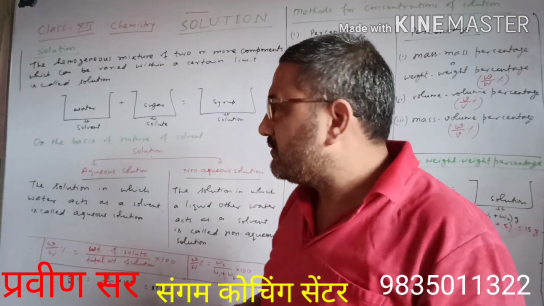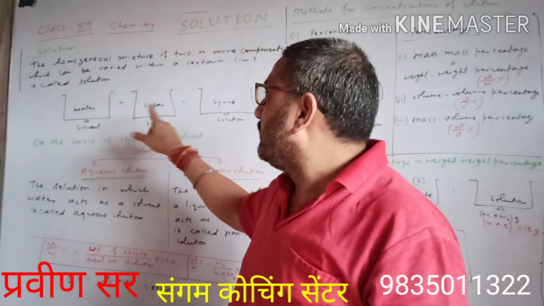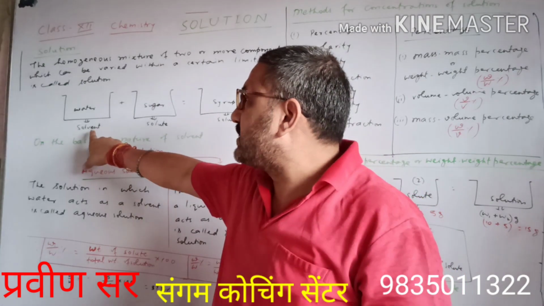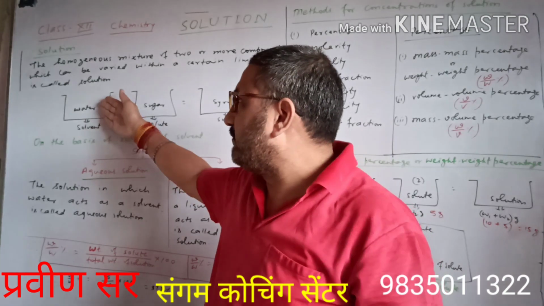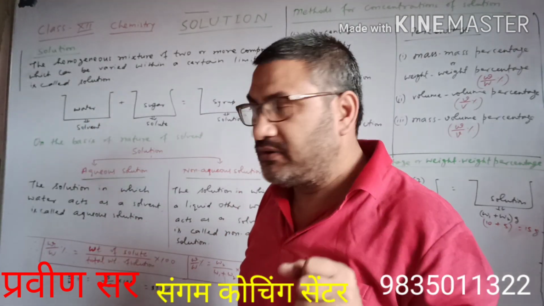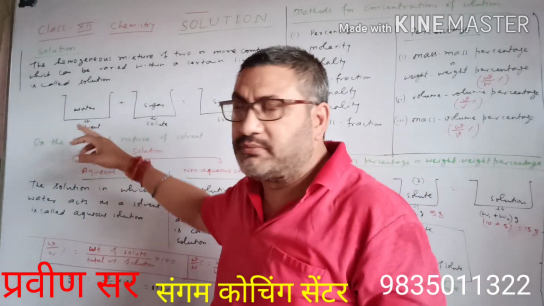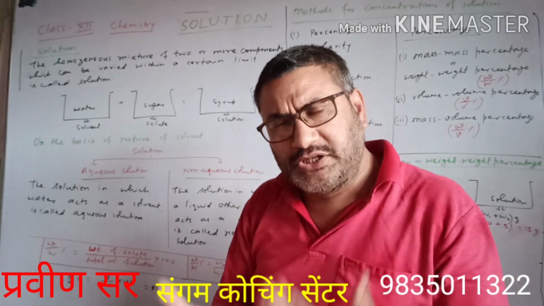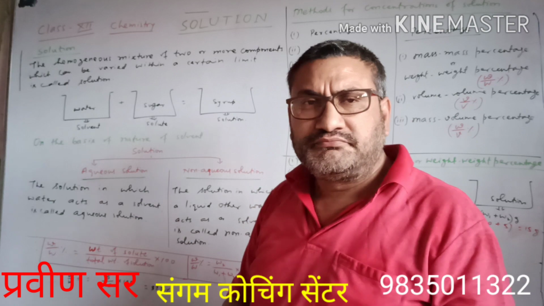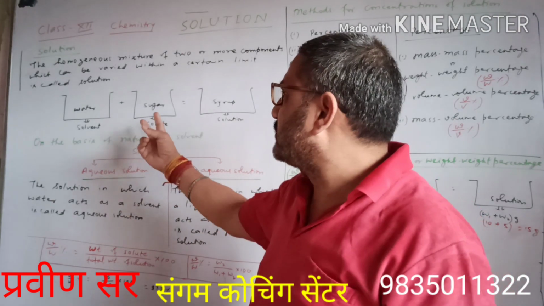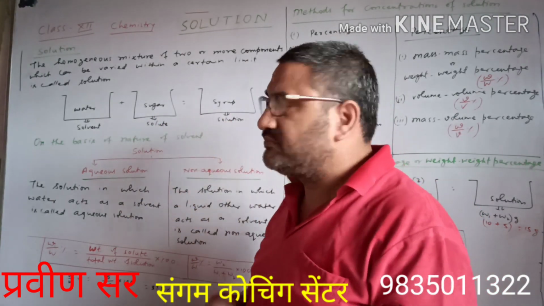That means a solution is made of two things, solvent and solute. Just like water can dissolve sugar, so water is the solvent, and sugar is dissolved in water, so sugar is called the solute.